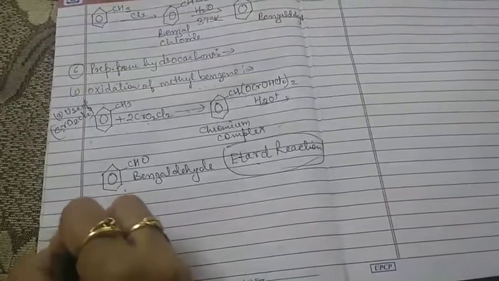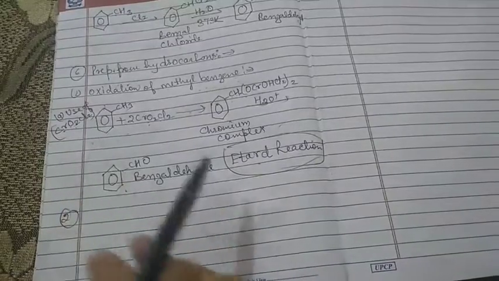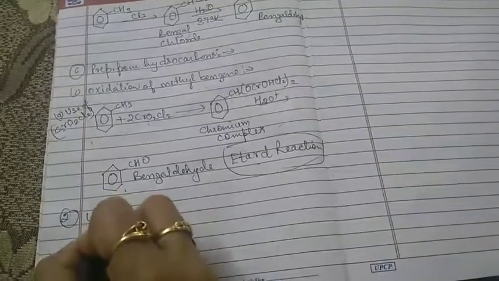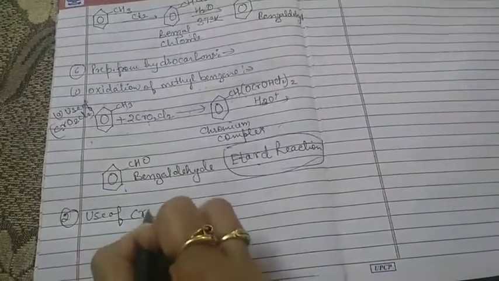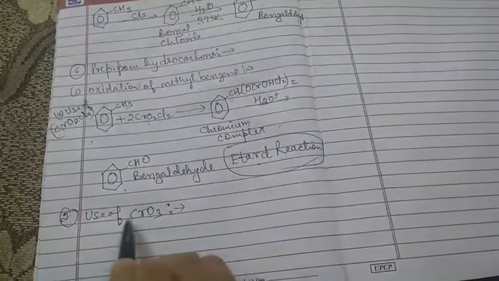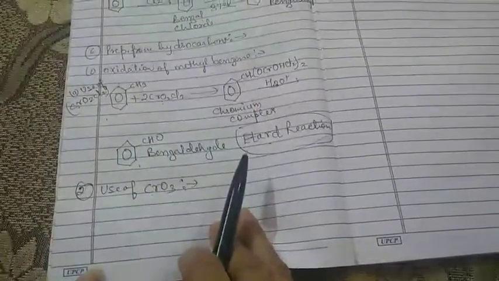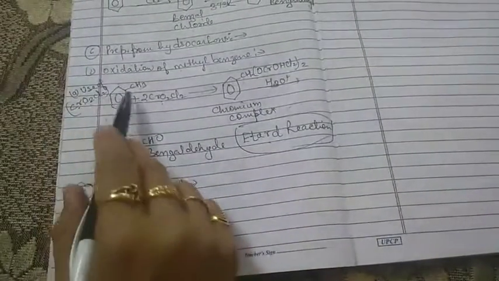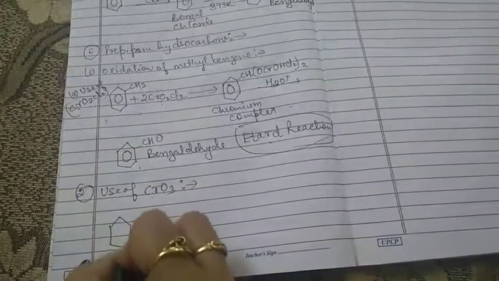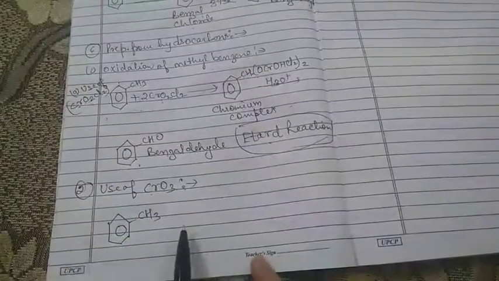Now there is another method by which the methyl benzene is converted into the benzaldehyde, and this method is the use of chromic oxide, that is CrO3. CrO3 stands for the chromic oxide and CrO2Cl2 stands for the chromyl chloride. Now the methyl benzene, also termed toluene.